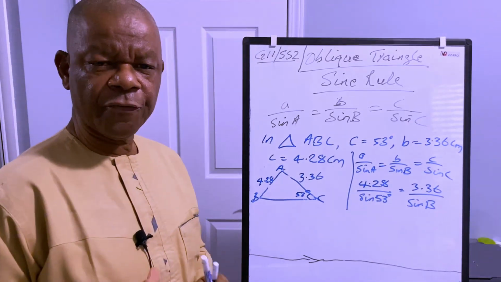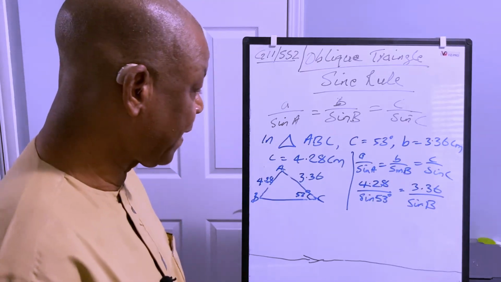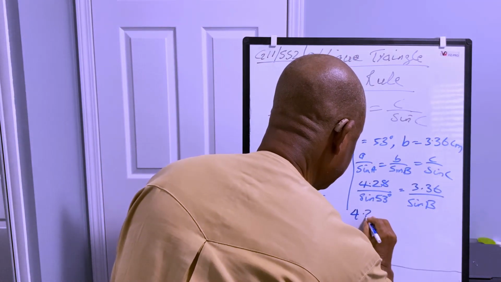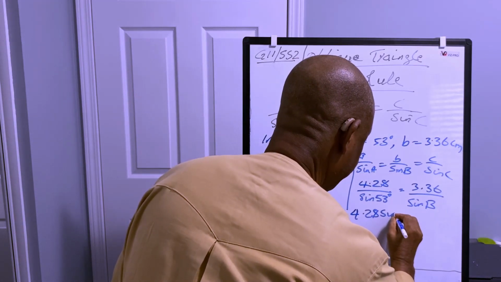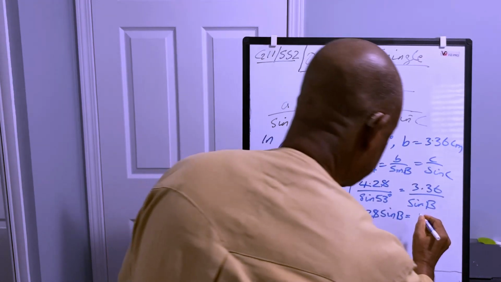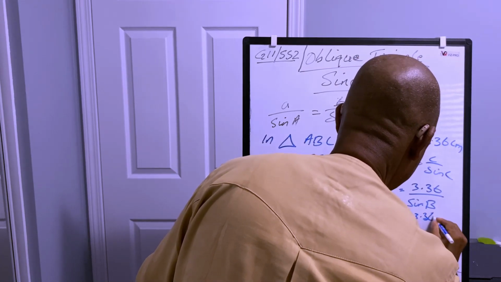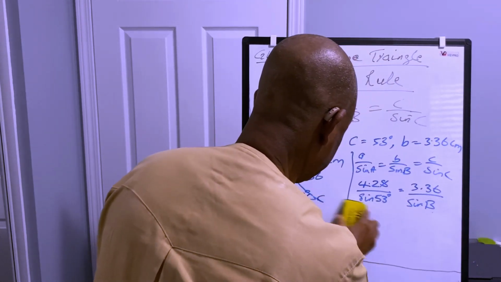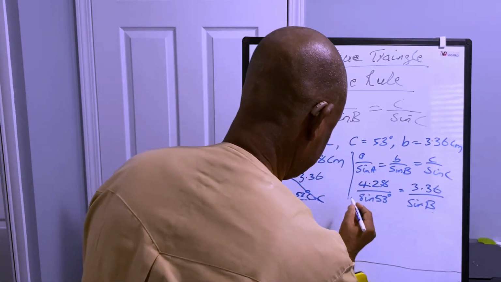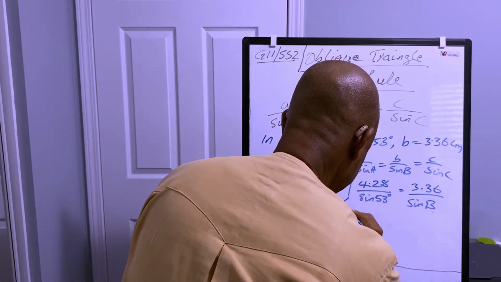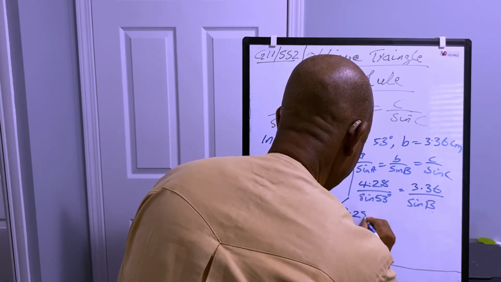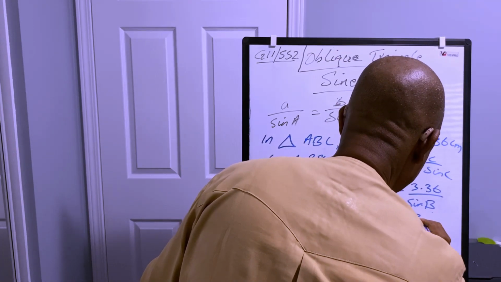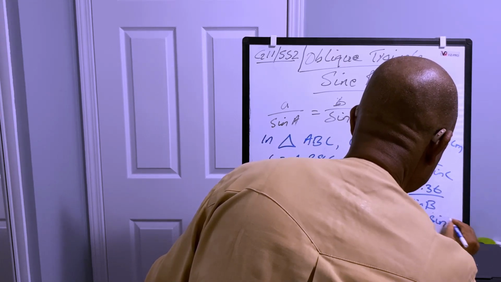Now we will need our four-figure table, but before then we cross multiply by saying that we have 4.28 sine B equal to 3.36 sine 53 degrees.